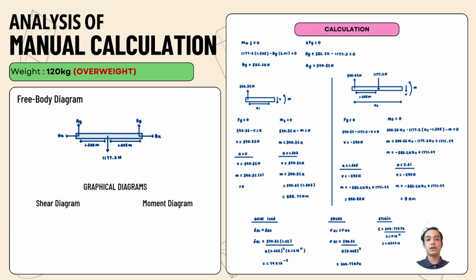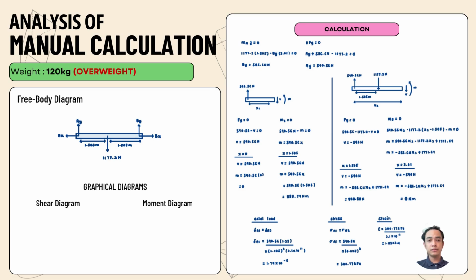For x equal to 1.505, V is the same and M is equal to 888.8 Newton meter. For the second section, at x equal to 1.505, V is negative 590 and the moment is 888.8 Newton meter. And at x equal to 3.01, V is the same and M is 0.